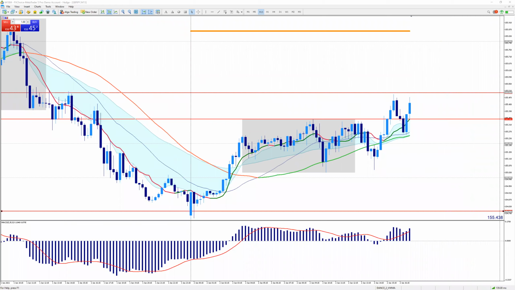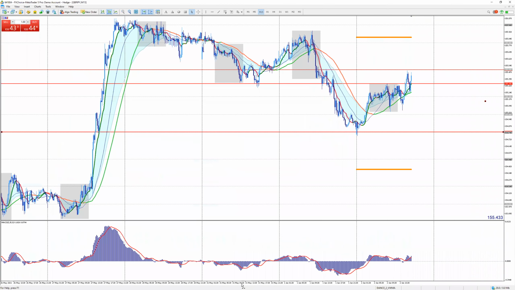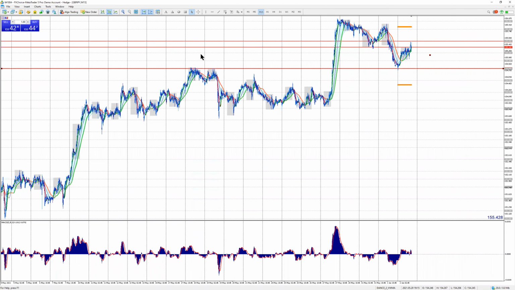That's what I'd be looking for. Again, bias is still to the upside, but I want to draw another trend line here, Lorenzo. I'm going to go from this swing low here to the swing low here.